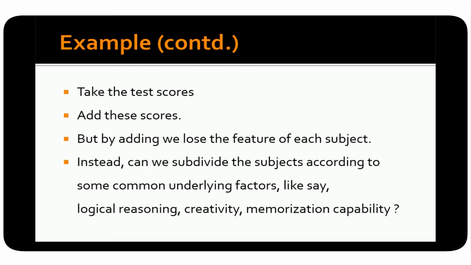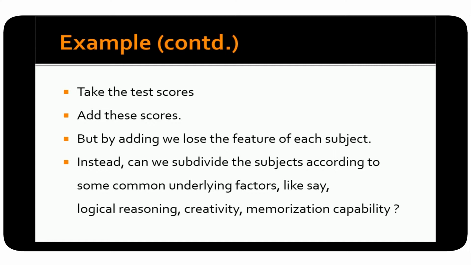Okay? So, logical reasoning, creativeness, memorization capabilities, these are some of the factors that go into explaining the scores in the different subjects. So, if you just concentrate on these 3, can we subdivide the subjects according to these 3 criteria: memorization, creativity and reasoning capability?